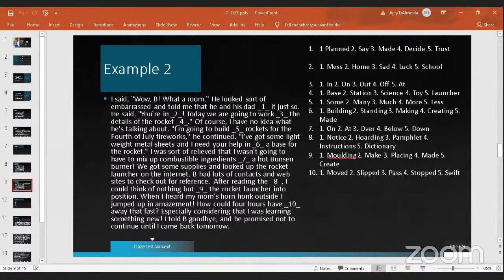Let's solve this. Okay, let's take a look at this passage now. Am I audible, guys? Am I audible to you?